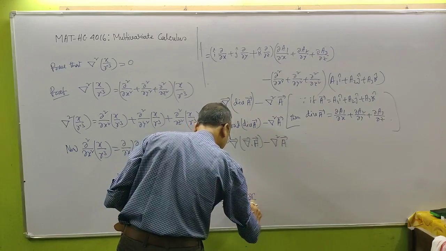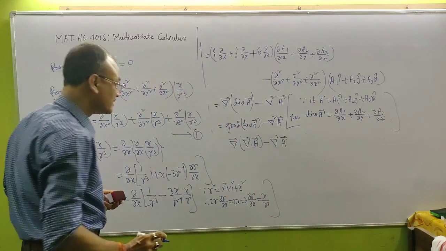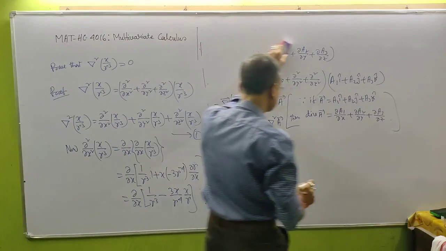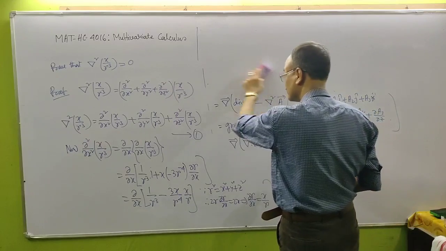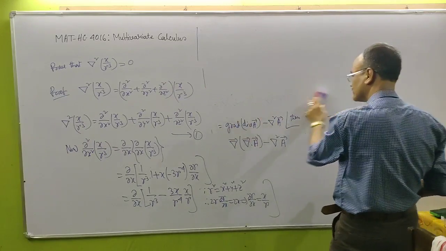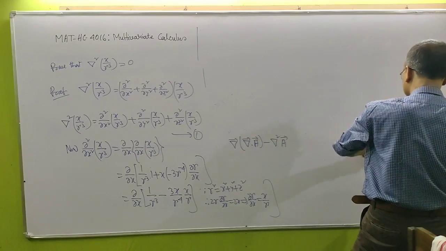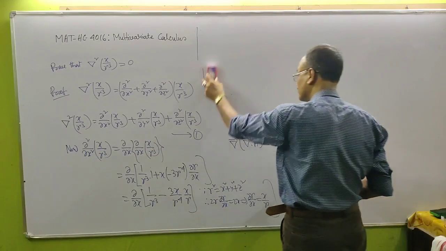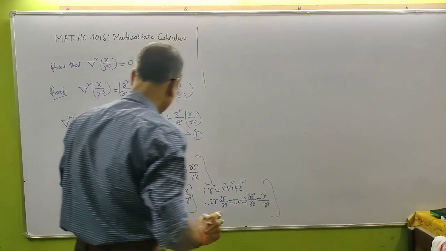This means del r by del x equal to x by r.